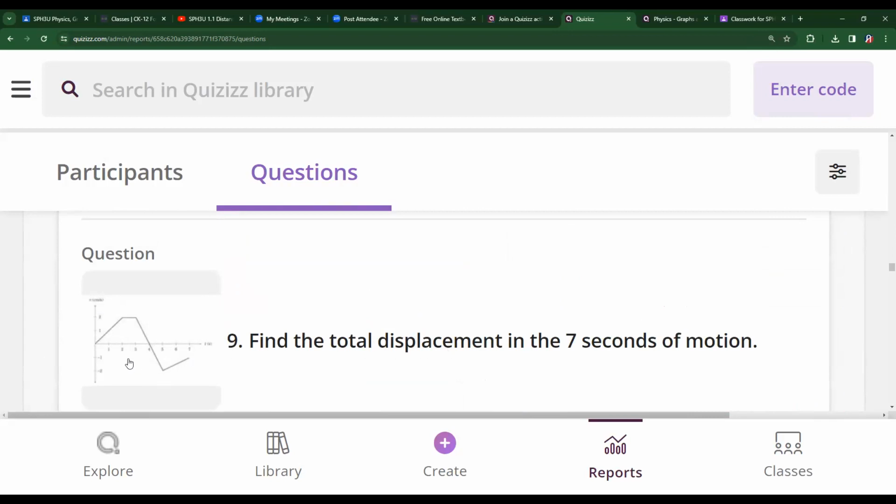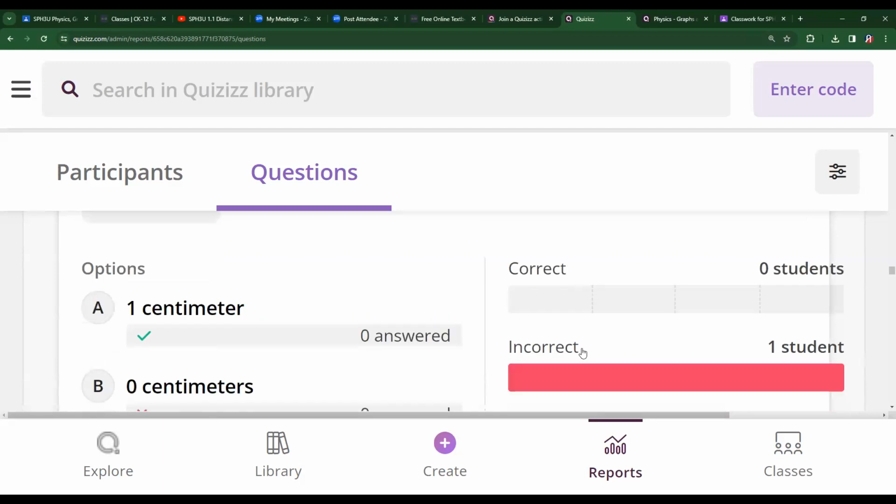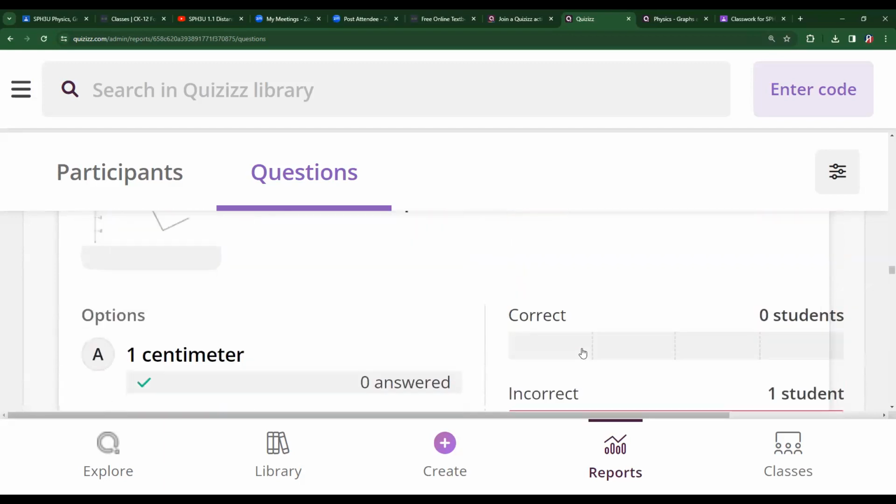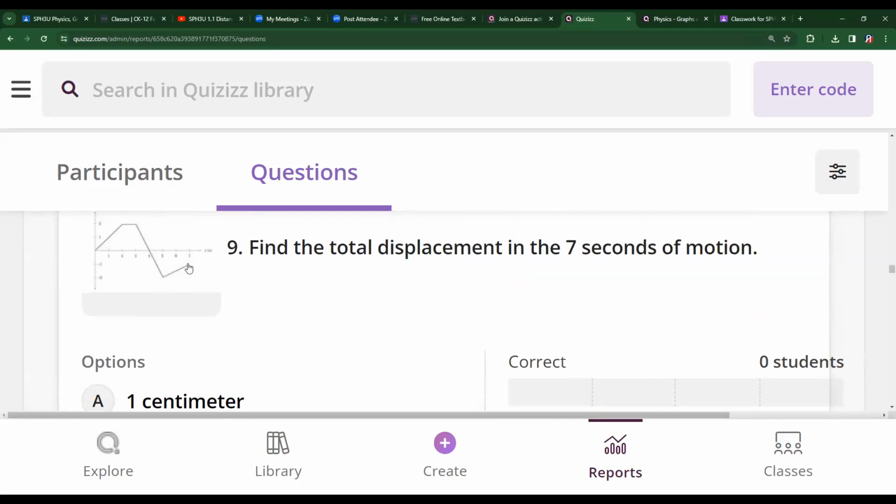Basically, total displacement. If it's position, so velocity. So if it's velocity, area of this shape minus area of that shape. Okay, but really total displacement, yeah, it's easier to see where object is now. So 1 meter south. So usually north is up, south is down. Yeah, so you know what, without any calculation, so 1 meter south. So displacement is 1 centimeter. Okay, so they don't ask about direction. Yeah, so 1 centimeter.